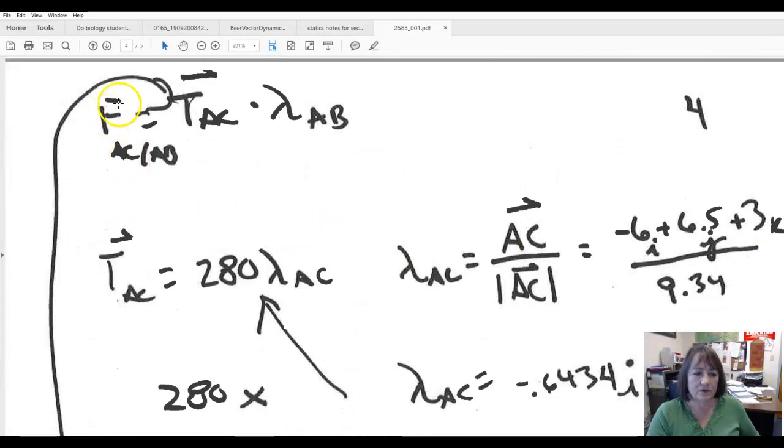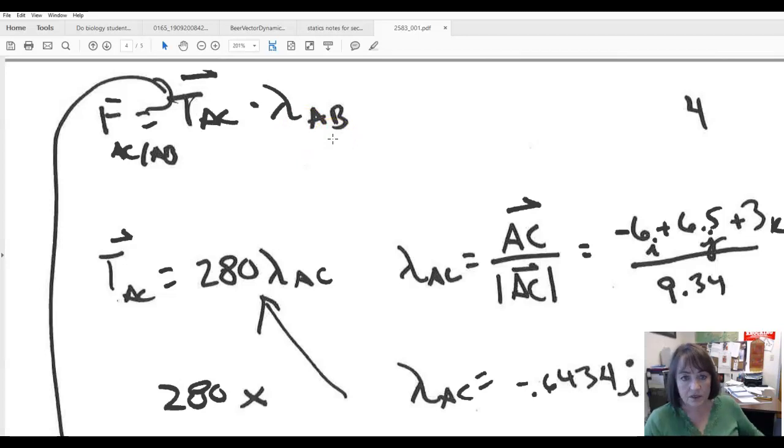So in other words, they want to find the projection of a force of AC, which is the cable. So they want you to find the piece of the force that is projected onto AB, or how much of the force is being directed along the boom. Well, that's defined as the dot product between the tension and the unit vector along the boom.